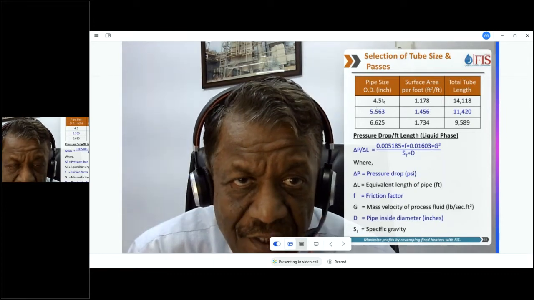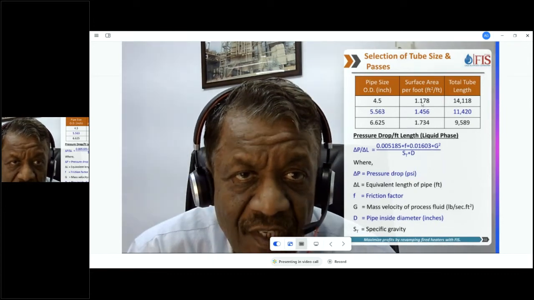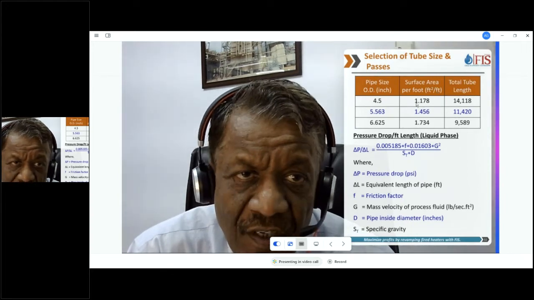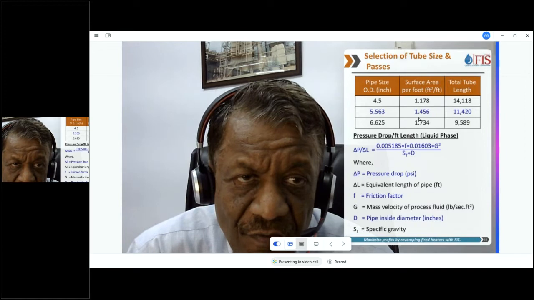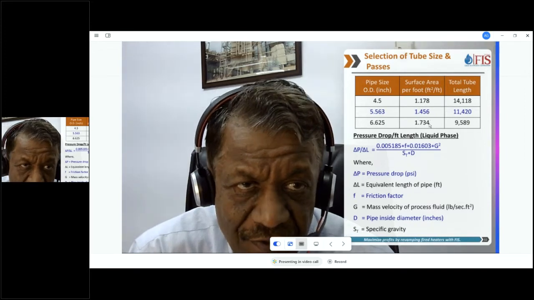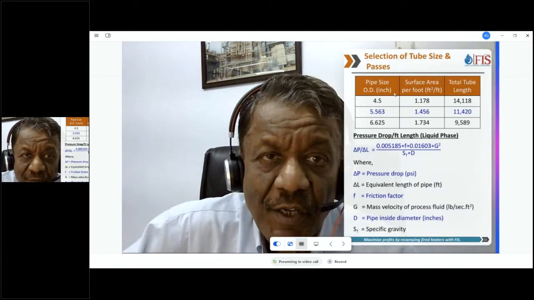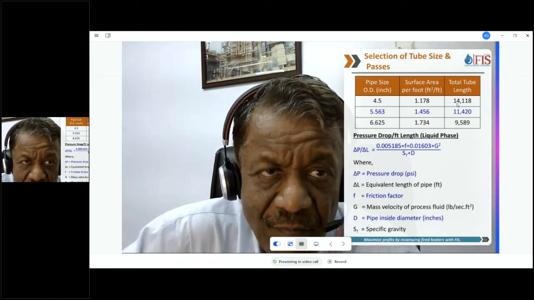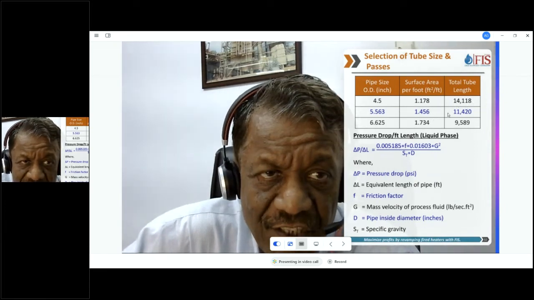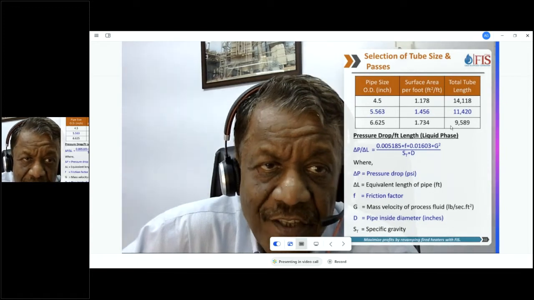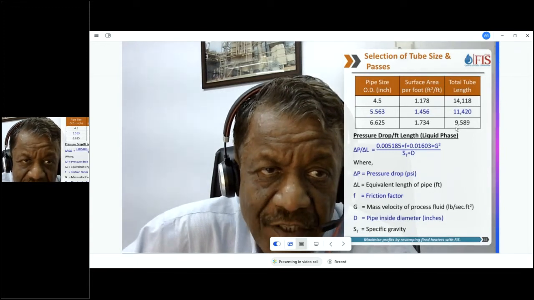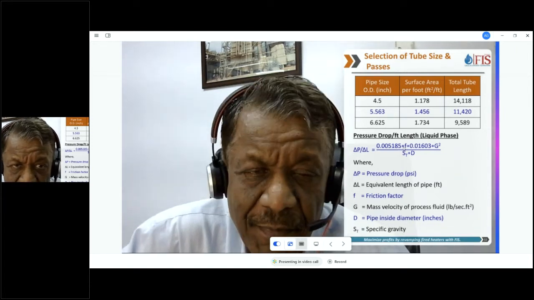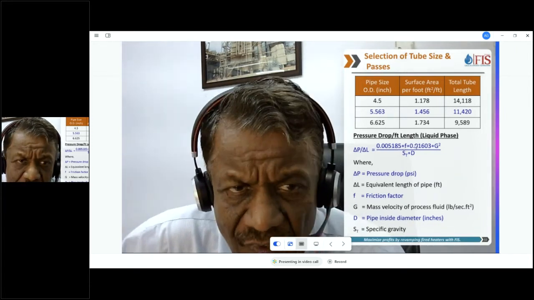These are the ODs, and this is how much surface they have per linear foot: 1.178, 1.456, 1.734. So for 4-inch pipe I will be providing 14,000 total tube length, 5-inch pipe will be 11,000, and 6-inch pipe is 9,589.